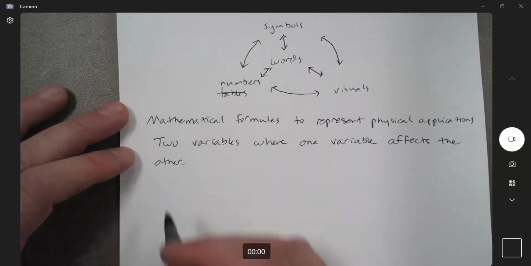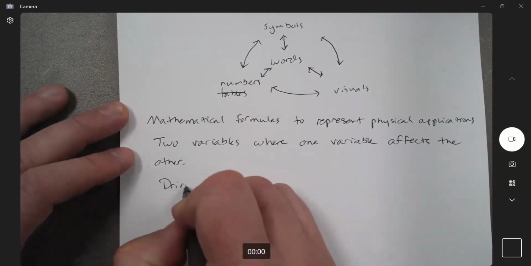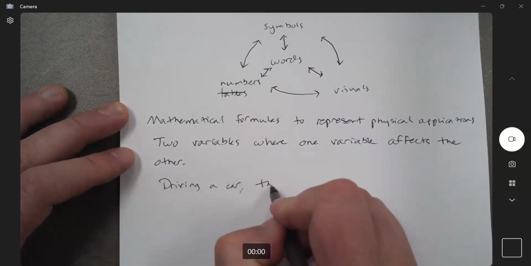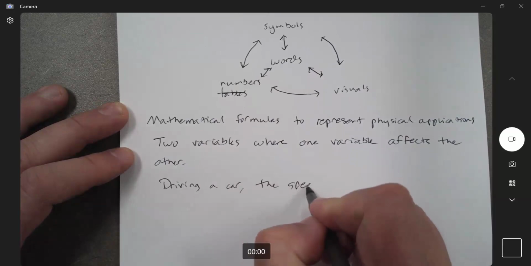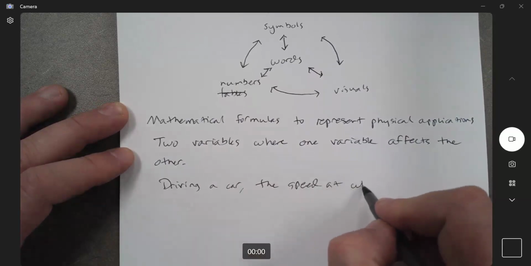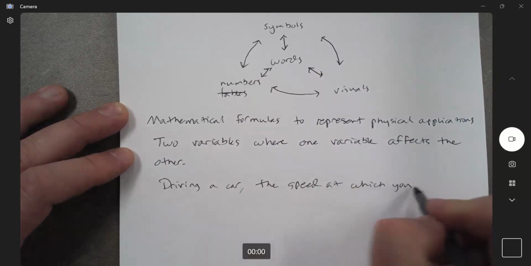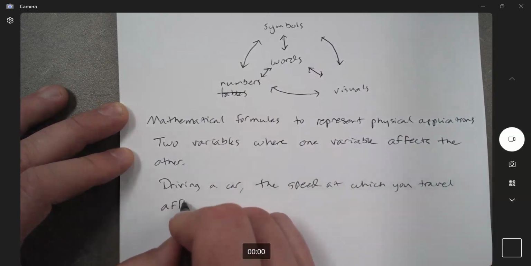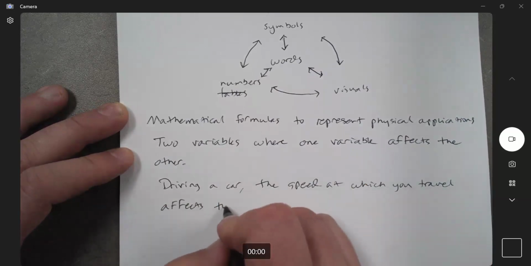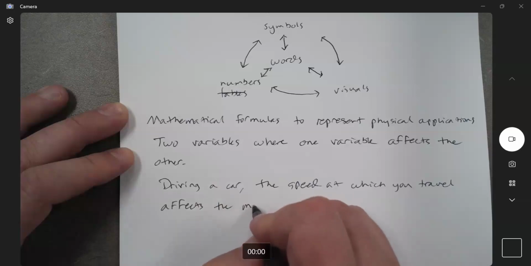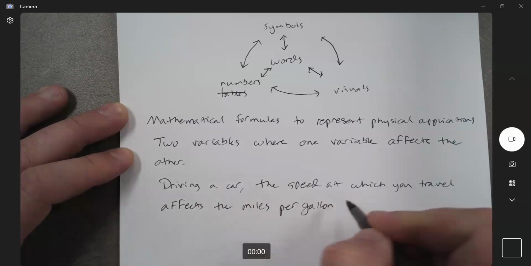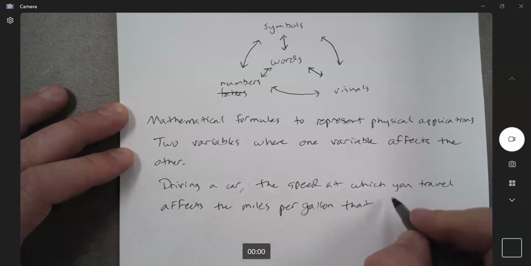For example, when driving a car, the speed at which you travel affects the miles per gallon that the car gets.